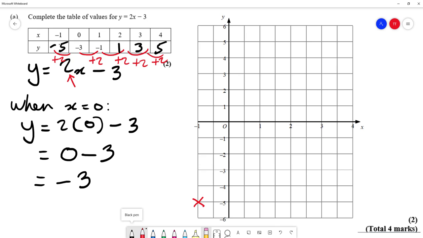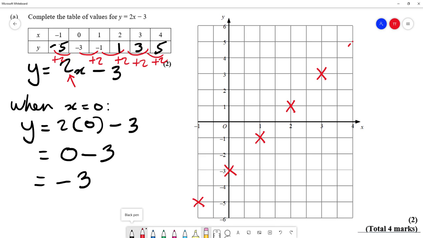The next point we're going to draw is 0, -3, like so. Then we're going to draw 1 and -1, a nice cross through that. Then we're going to draw 2 and 1, just here. Then 3 and 3. And x equals 4, y equals 5.